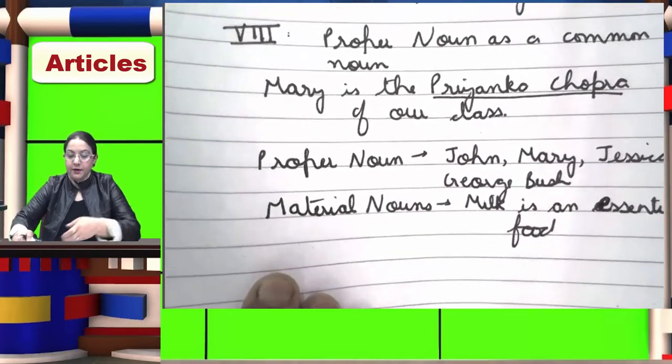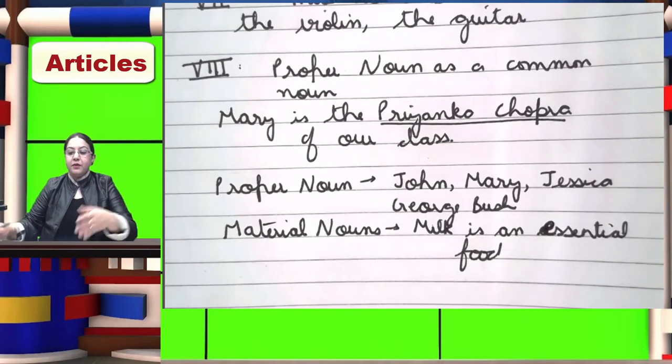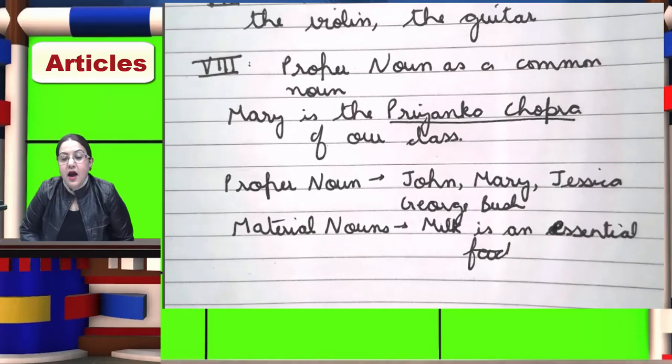Milk is a material noun, whenever we are talking about material. So milk is a material noun, and before milk I am not going to use any article.